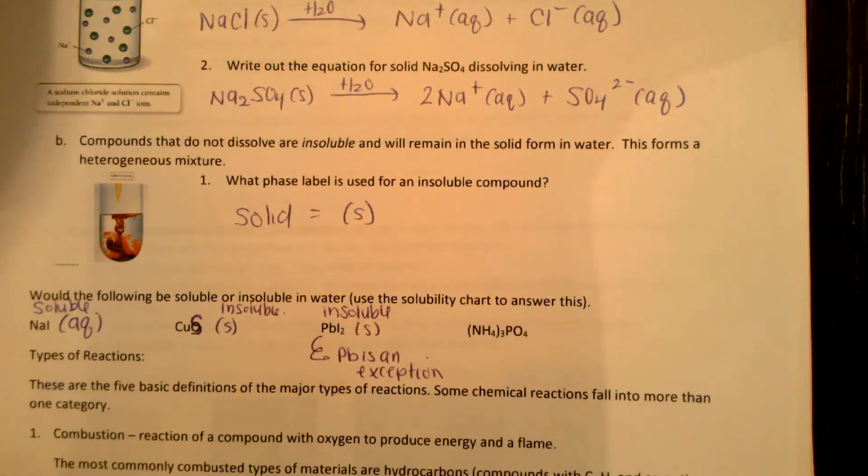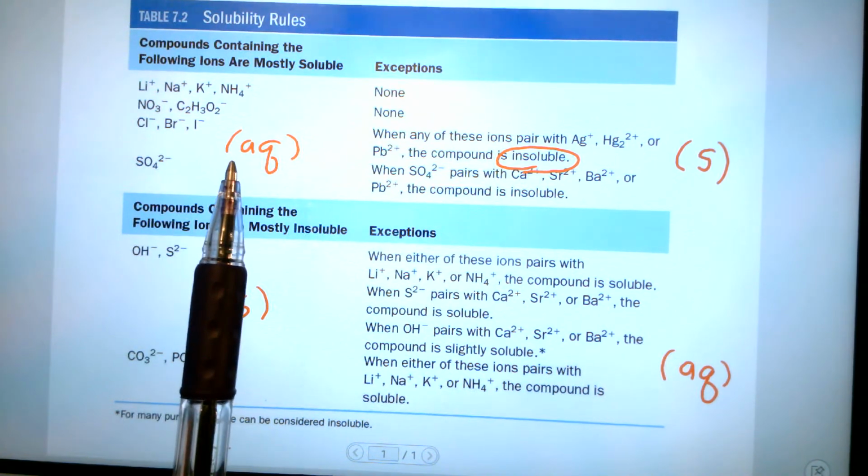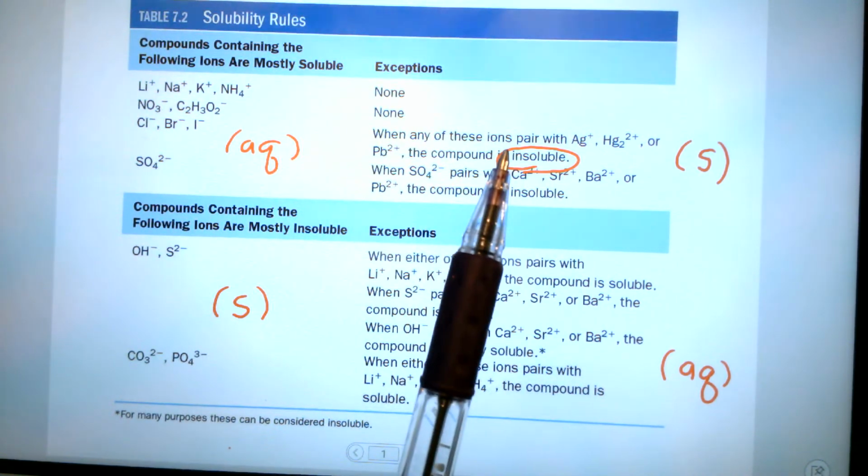Okay, finally we have (NH4)3PO4, ammonium phosphate. So phosphates are generally insoluble. So we're just going to check to make sure ammonium isn't an exception. So if we look, ammonium is an exception. So when ammonium pairs with phosphate, it's going to make it aqueous. It's going to make it soluble. So over here, your exceptions do the opposite. These tend to be soluble. The exceptions over here make it insoluble.